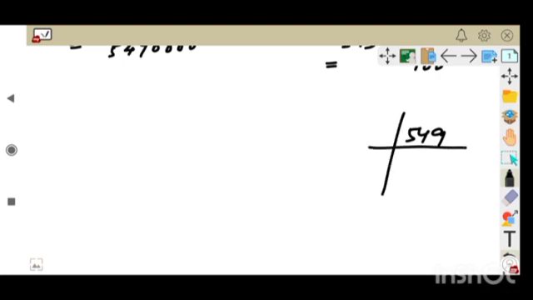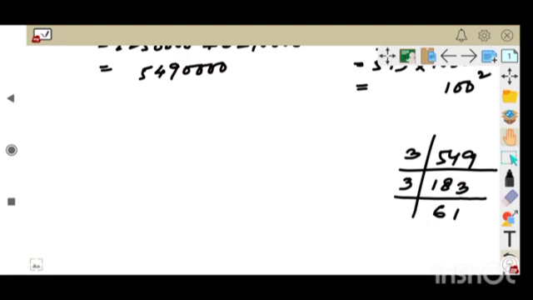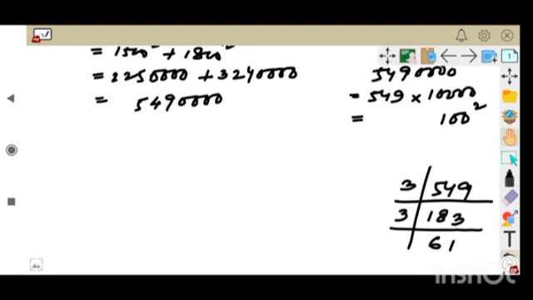First I'll go with 3. 3 1 is 3, 3 8 24, and 3 3 9. And again let me go with 3, 3 6 18, then 3 1 is 3. 61 is a prime number. So what happened now? We have 3 square into 61. So this 549 you can write as 3 square into 61, then into this.